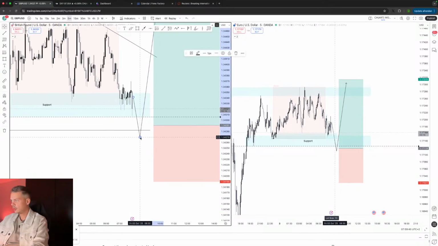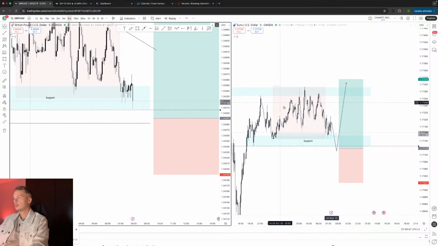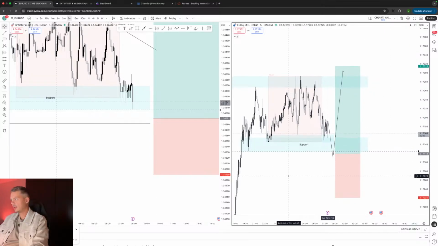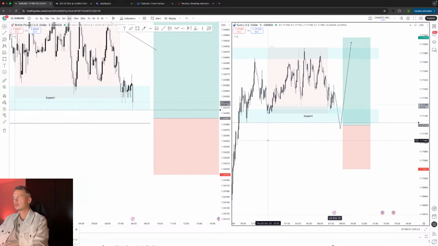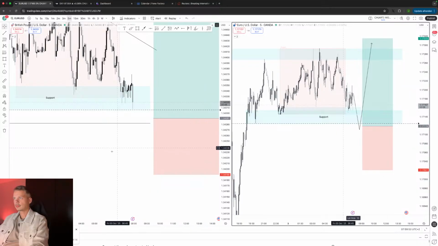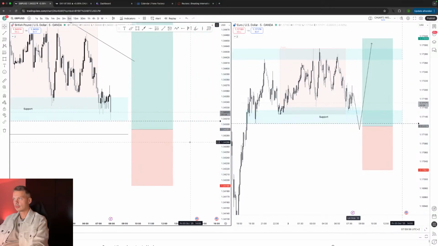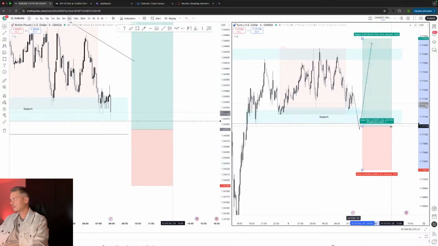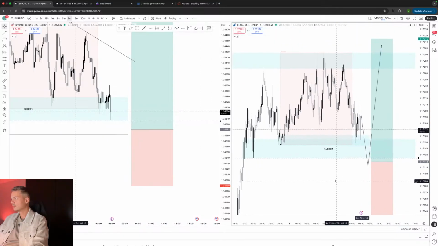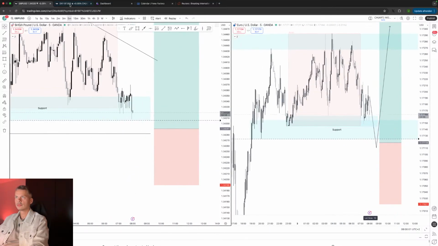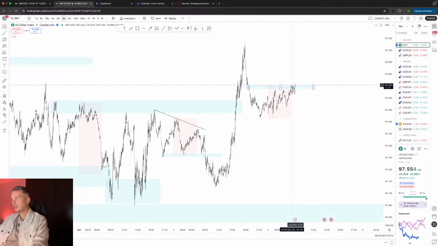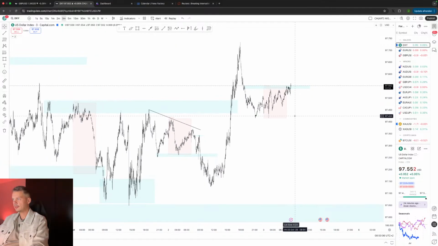Beautiful, beautiful price action. But we need to see an aggressive sweep. It's very important. DXY has done the sweep, which is nice.